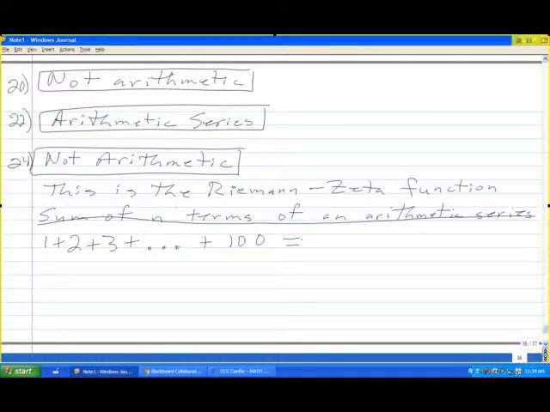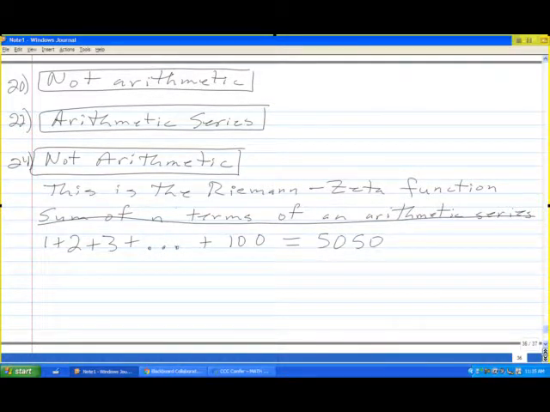Thinking that this would take these children all day to do, right after he wrote down the problem, Gauss jumped up, waving his hand, saying, "I know what it is." He said the sum is 5,050.